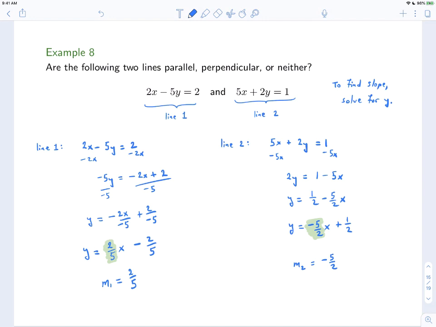So m1 is 2/5, and m2 is -5/2. Well, they're not the same, so they're not parallel. However, if you multiply them together, m1 times m2 equals 2/5 times -5/2, and that is equal to -1. So that means these two lines are perpendicular.